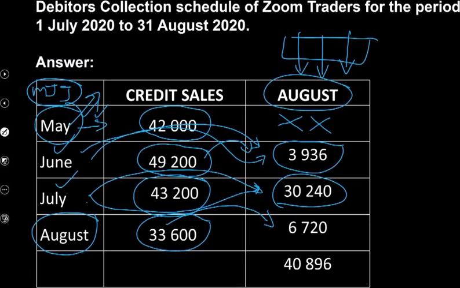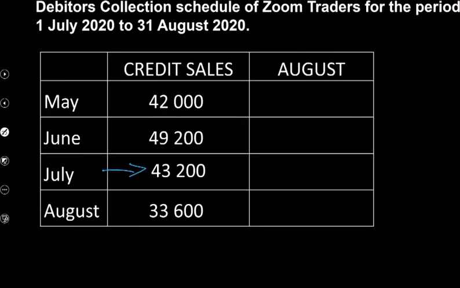Clear, guys? Okay. Then obviously you come to August, and 20% will pay you in August, which we've calculated to be 6,720. So in this way, you've now done two things. One, you calculated the credit sale for July. Let's go back and see that one there.